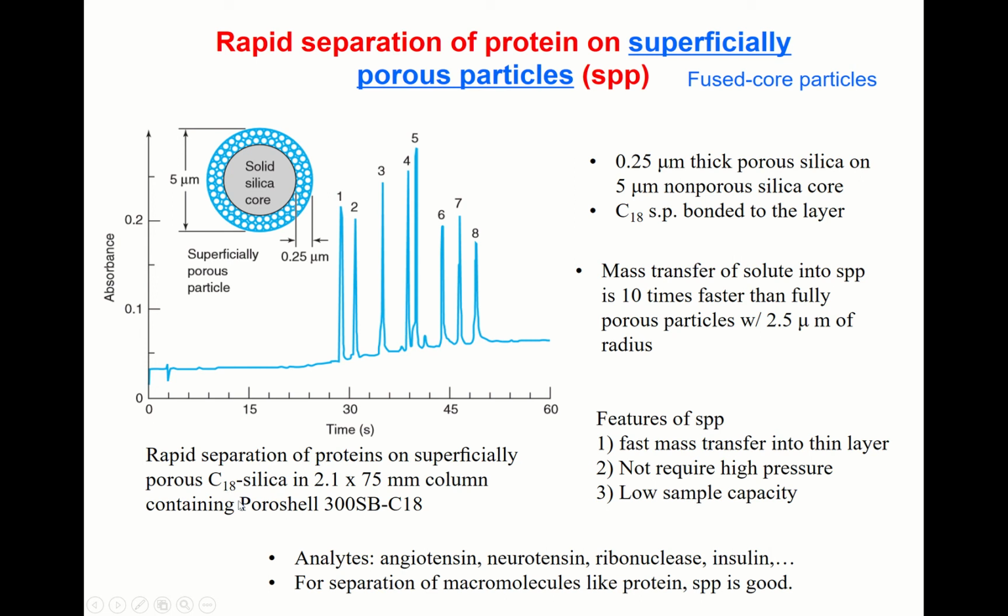It is an octadecyl group attached to silica, in a 2.1 times 75 millimeter column containing porous shell particles. The analytes could be angiotensin, neurotensin, ribonuclease, insulin, such large protein molecules. For separation of macromolecules like protein, this superficially porous particle is good.